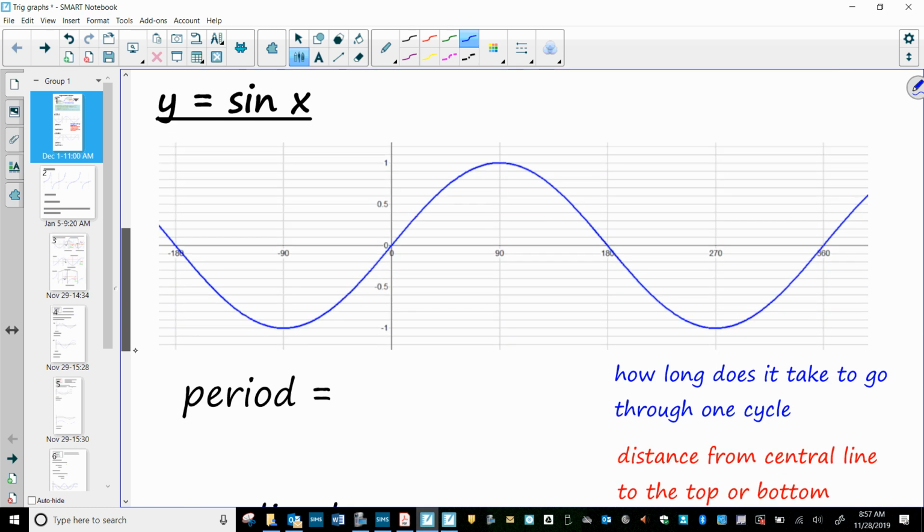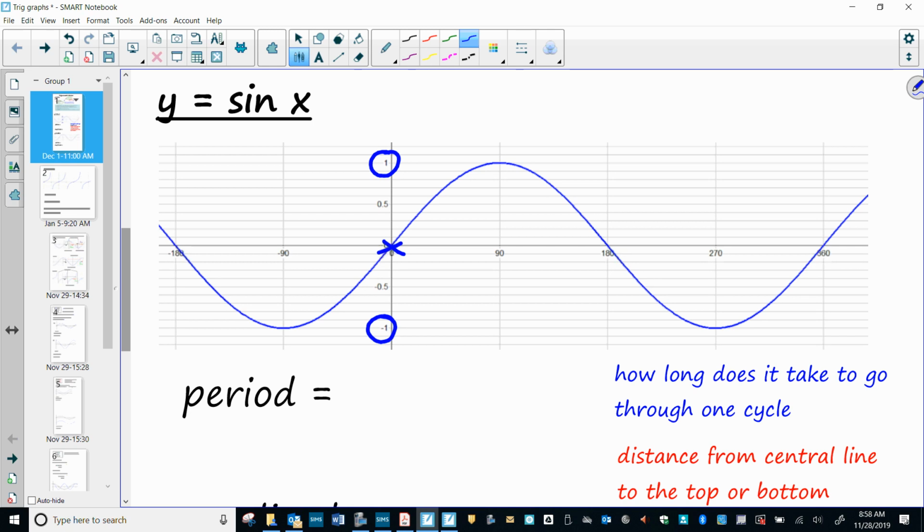So the sine graph, as I said, I could have got you to plot points. The sine graph starts here at 0, 0, because if we press sine 0 in our calculators, it would tell us the value of 0. If we press sine 90, it would tell us the value was 1. Sine 180 would also be 0, and sine 270 would be -1.